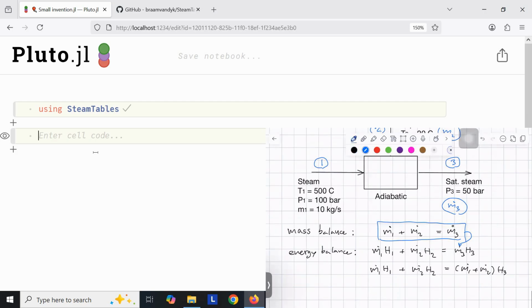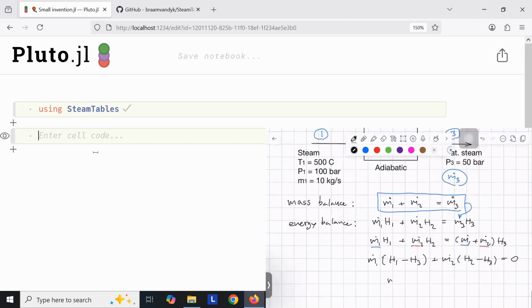Therefore, we will have M1 here and here, M2 together, so that we can put them together like this: M1 (H1 subtracted by H3) plus M2 (H2 subtracted by H3) equal to 0. Then we can rearrange the equation to get M2 as we want.